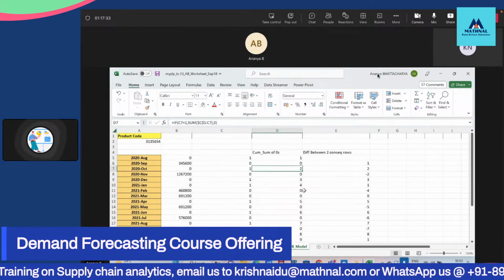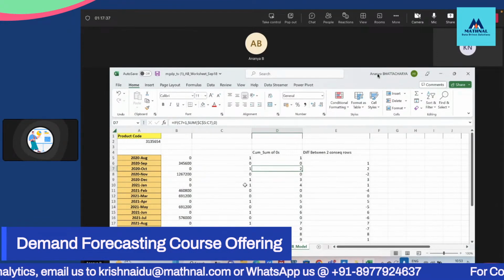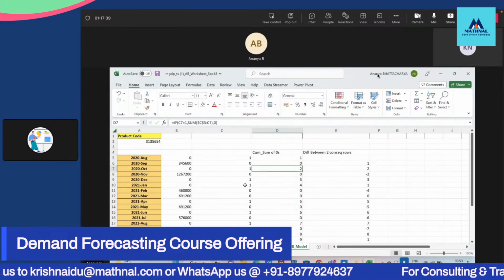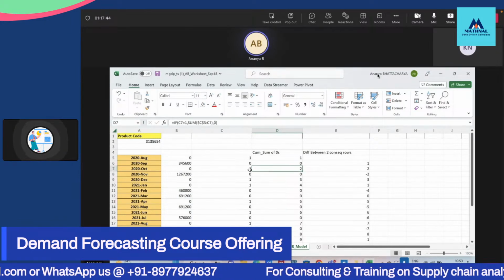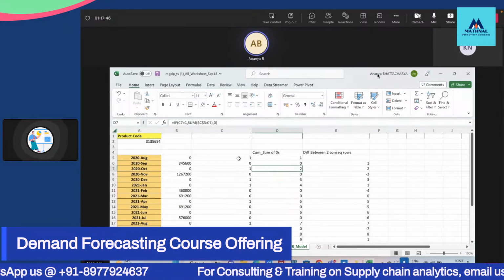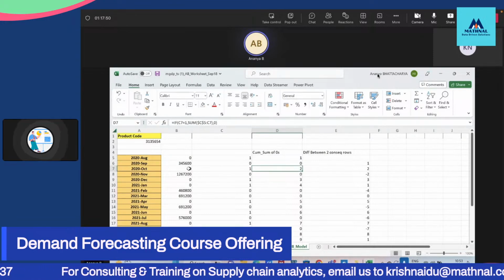It should start with 1, instead of 2. So I think when I'm summing up, I'm starting from C5. It should be from the last time when there was a 0.